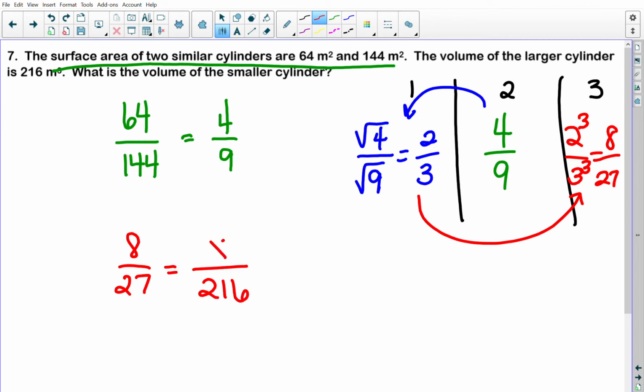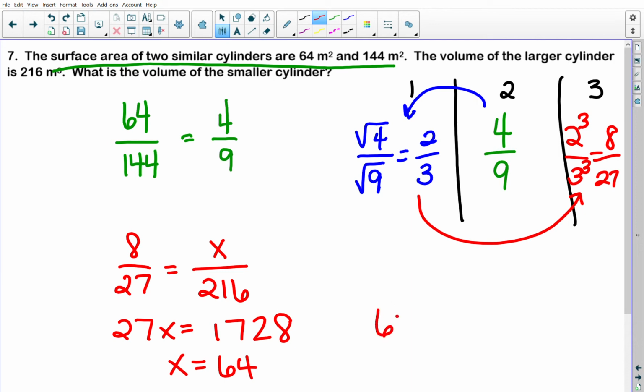So I'm going to put an x in the numerator and the 216 in the denominator, and then I'm going to cross multiply. 27x is equal to 8 times 216. That gets me 1728. And I'll divide by 27 on both sides, and we get x is equal to 64. So we can say that the volume of the smaller cylinder is 64 meters cubed.